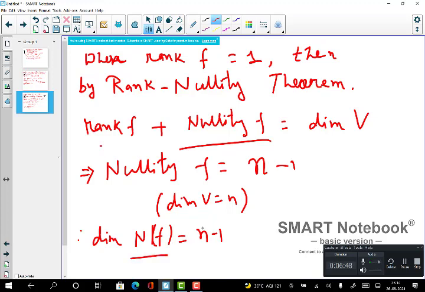That means this is just one dimension less. Okay. So this type of subspace is called co-dimension 1. One dimension less means the co-dimension is 1. Co-dimension of a subspace means the total dimension minus the dimension of its subspace. Okay. So this type of subspace is actually called a hyperspace.